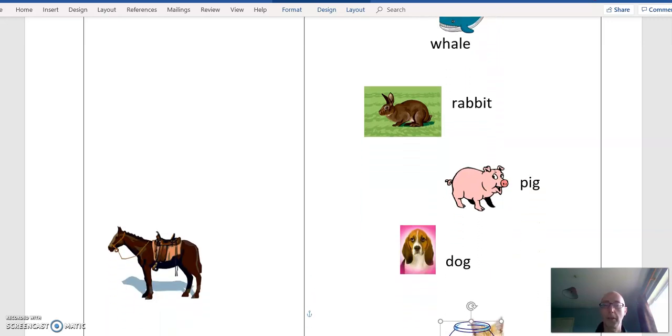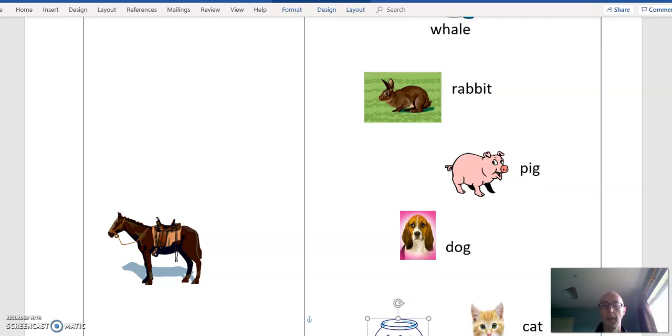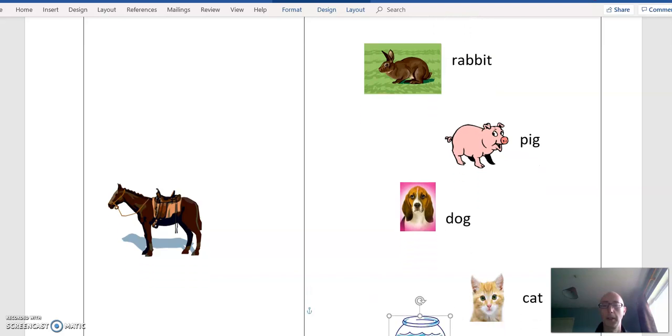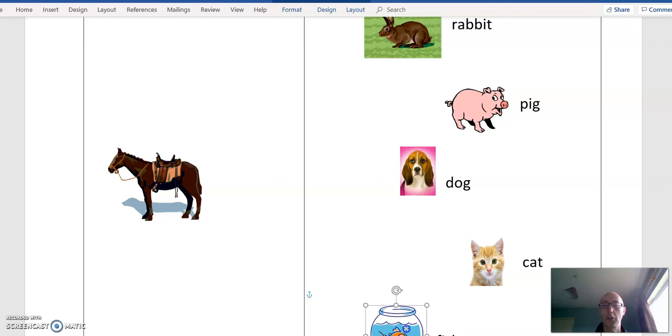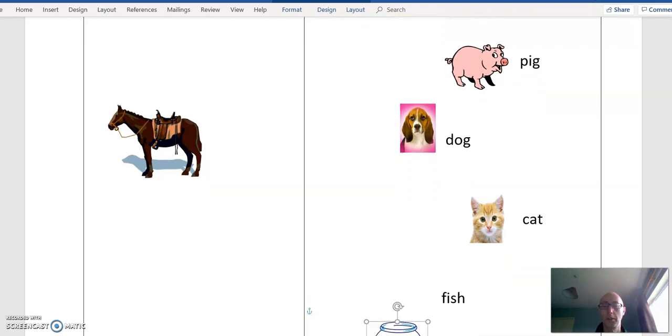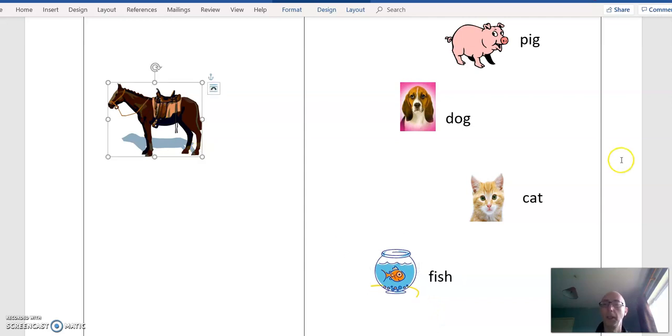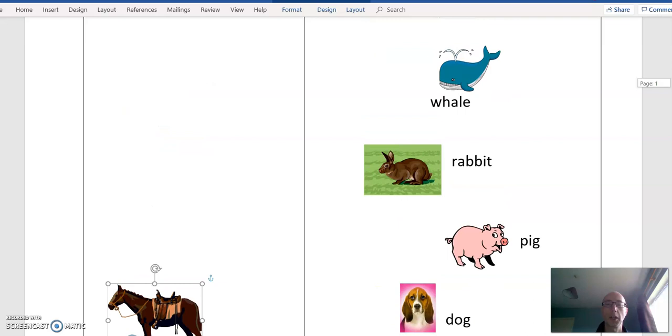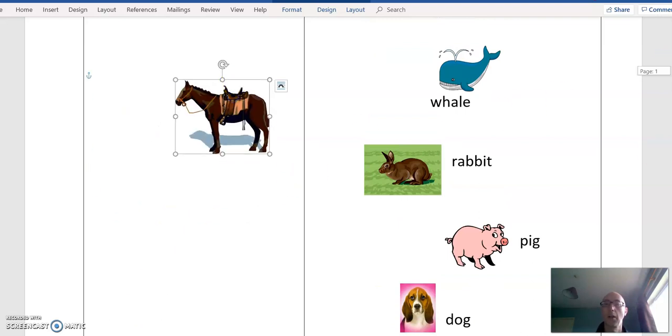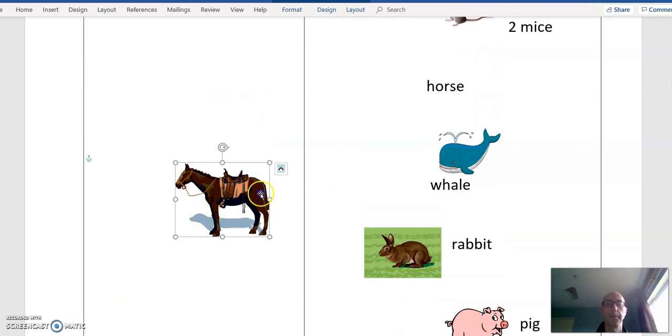Taking a bit of time. Fish. Here we go. Fish. And what's this last thing? This, of course, is a horse.